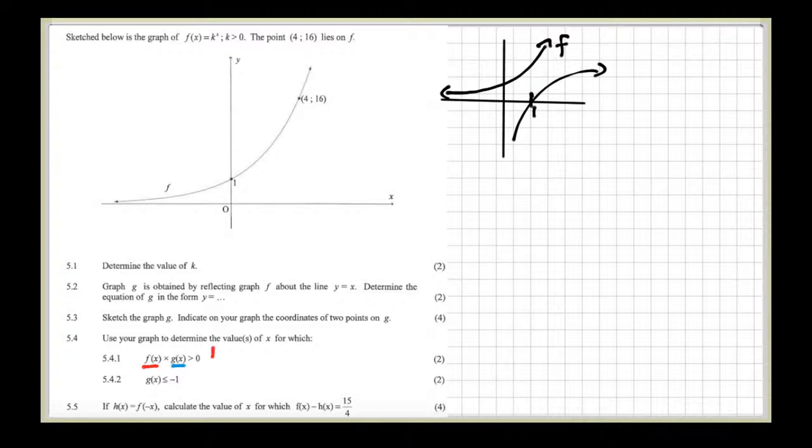So I could have red with a plus, and for g, which is going to be my blue, a plus times a plus. Or it could be a minus times a minus. Let me just make that a bit bigger. There we go. That's my two options to end up with a positive.